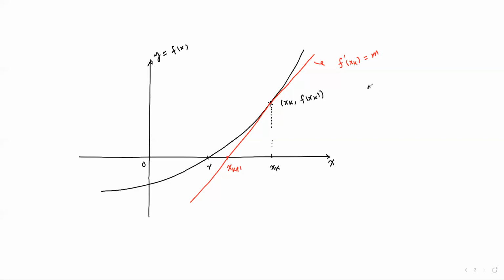Point-slope formula: y minus y1, where y1 is the y coordinate of this point, equals slope, the derivative at xk, times x minus x1. Now x1 is xk. So from here we get the equation of the tangent line.